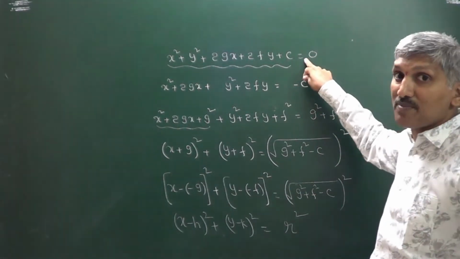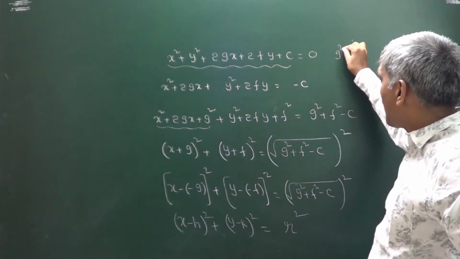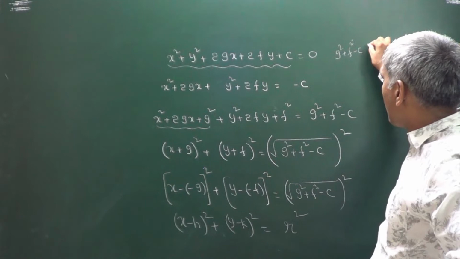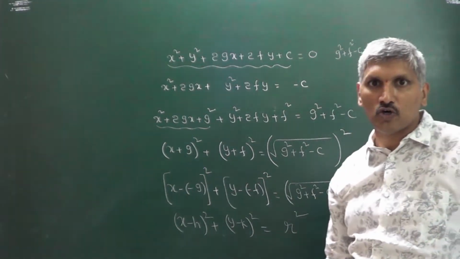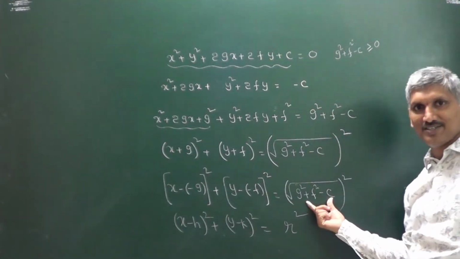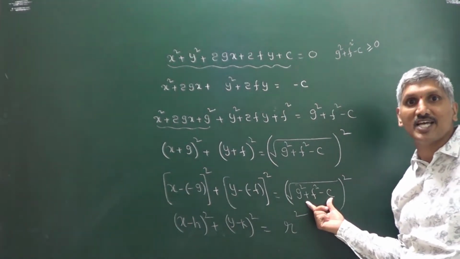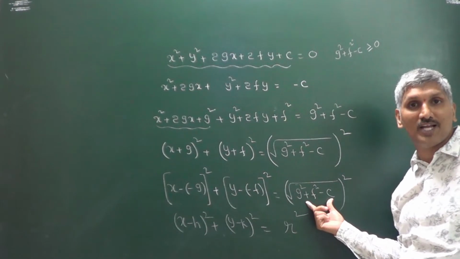This equation represents a circle under the condition that g square plus f square minus c must be greater than or equal to 0. Sorry, where did this come from? This is the reason: g square plus f square minus c is inside the square root, and inside the square root there must be non-negative values.